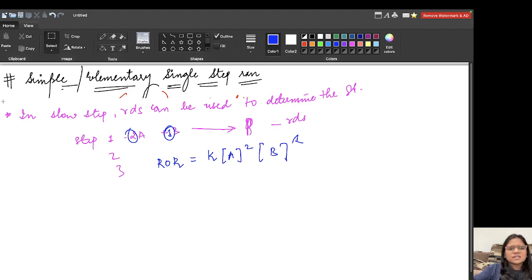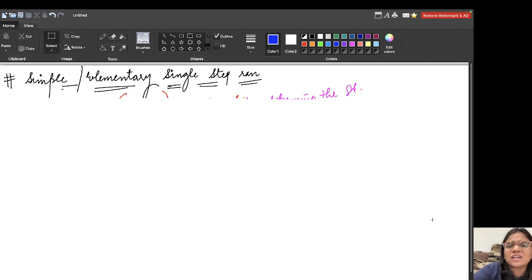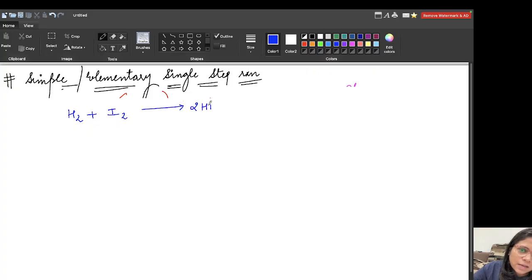Now in single step reactions we can also use stoichiometry for the rate of reaction. Whenever the reaction is a single step, this is where the Guldberg and Waage law comes into existence. Whenever you have a single step like H2 plus I2 giving me 2HI, this is a simple reaction, right? So what will be my rate of reaction?